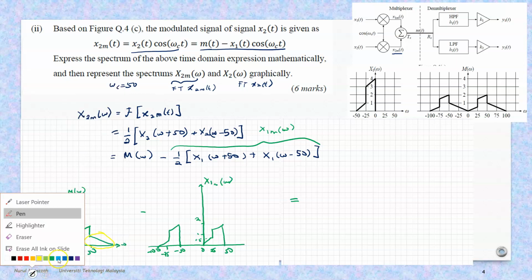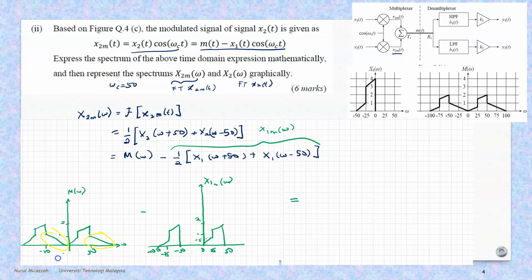So we will draw the resulting signal, the output signal, which is x2m omega. I mean the amplitude here should be half of x2 omega.